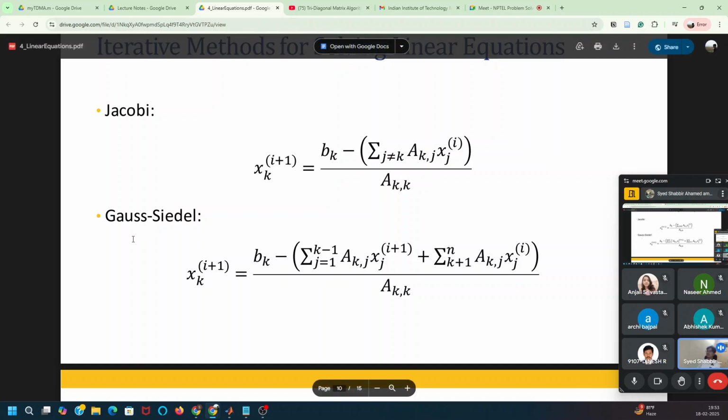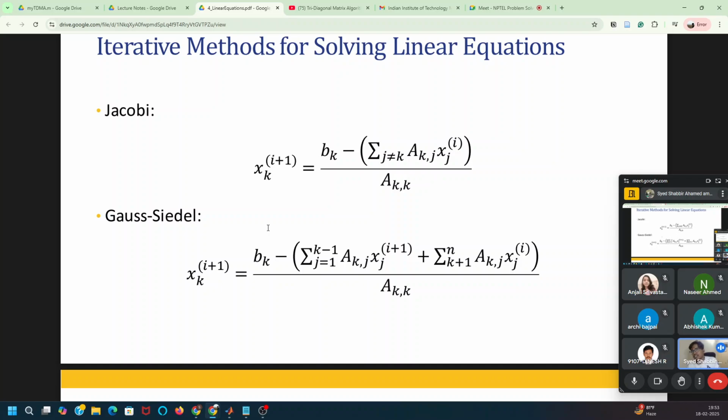In the Gauss-Seidel method, we are doing the same thing, but if I have assumed all the values of x as 0, then I'll first find x1 for the first iteration.